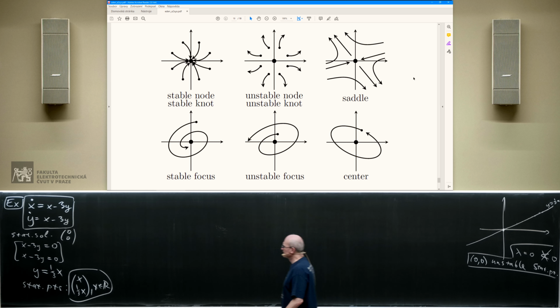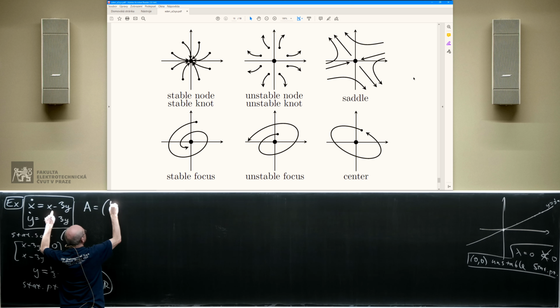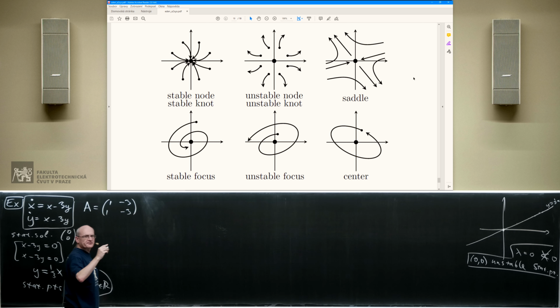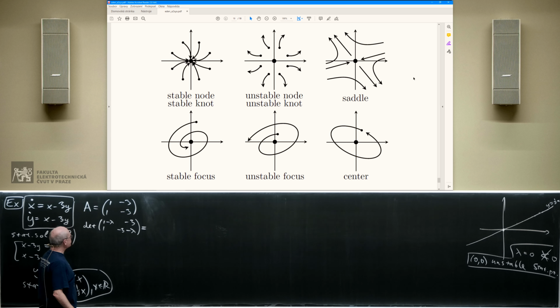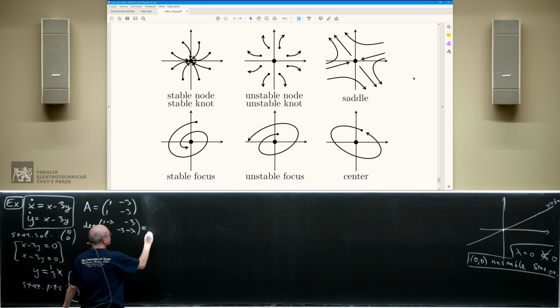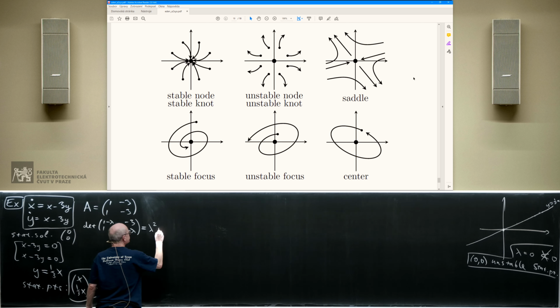Okay. Let's see. Our matrix A is [1, -3; 1, -3]. We find the determinant of [1 minus lambda, -3; 1, -3 minus lambda], which is, let's see, lambda squared. Well, 3 lambda minus lambda is plus 2 lambda.